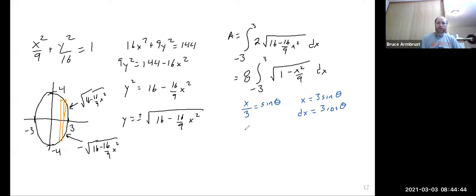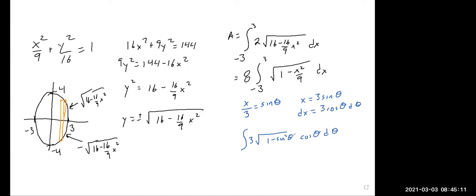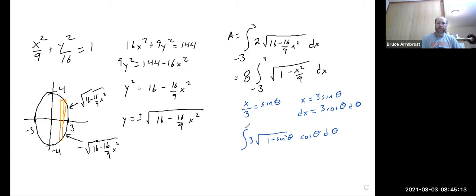All right, so for our integral, we're going to have the square root of 1 minus sine squared. And then the dx is a 3 times cosine theta d theta. So there's the change in the integral when we go here. I'm not going to worry about the bounds and the 8 for right now.